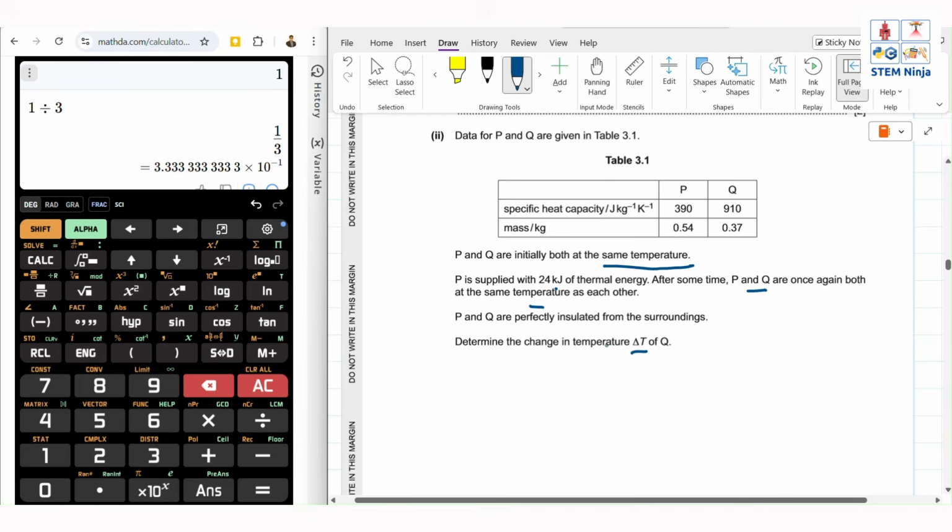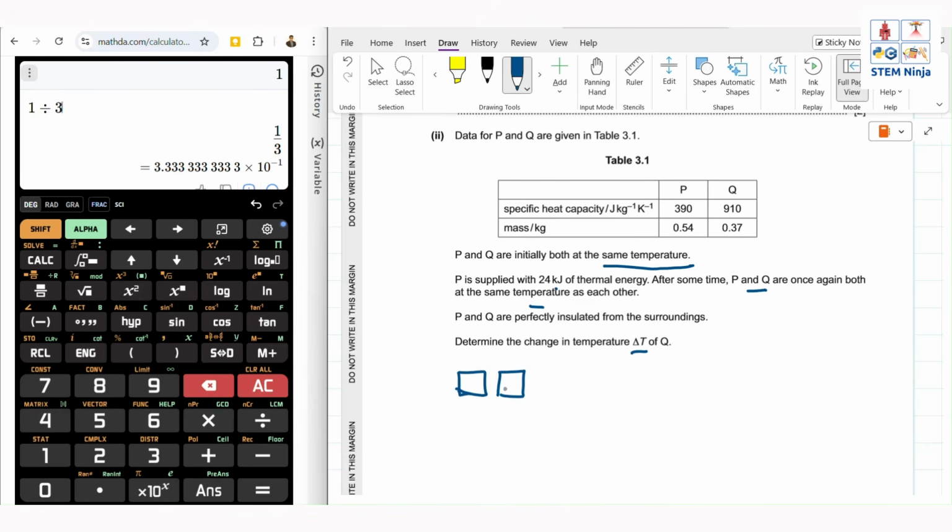Okay. Now, initially they're both at thermal equilibrium, but P is supplied with 24 kilojoules. So, for example, this is P and this is Q. We are supplying energy, 24 kilojoules of thermal energy.